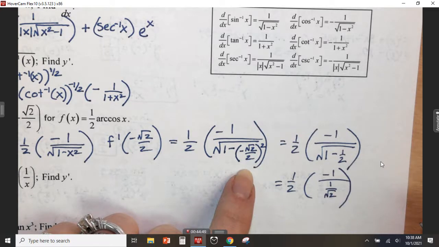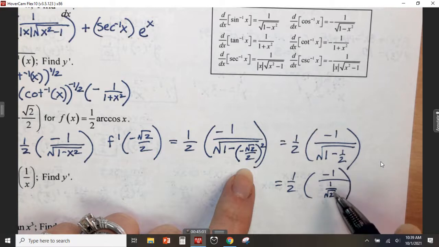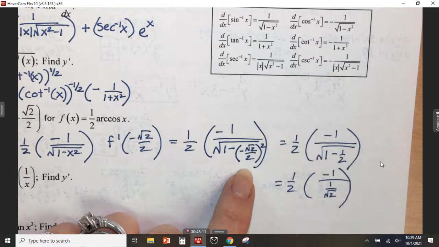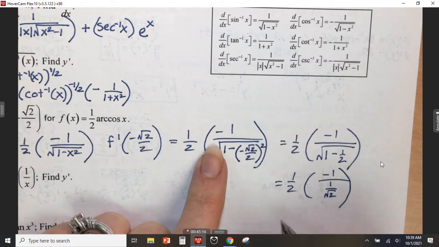Isn't it 1 minus? 1 minus a half is a half. Right? Oh, yeah. And the square root of 1/2. I'm taking the square root of the top and the square root of the bottom. So the square root of the top is 1 and the square root of the bottom is square root of 2. Are we clear on that? All right, so now when I'm dividing by a fraction, I multiply by the reciprocal, right? Yes.